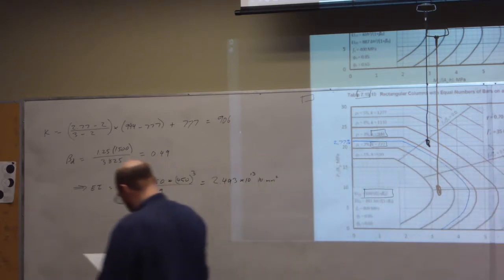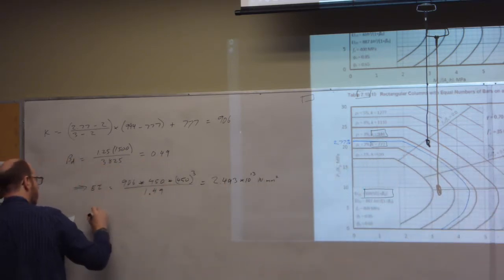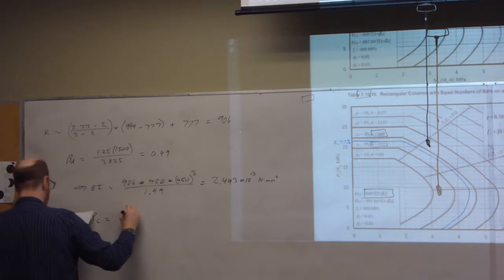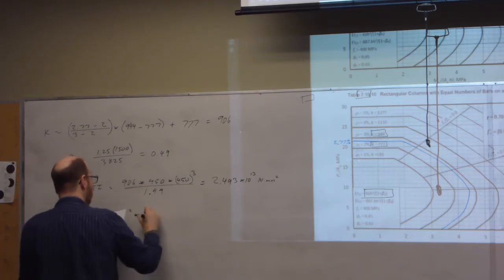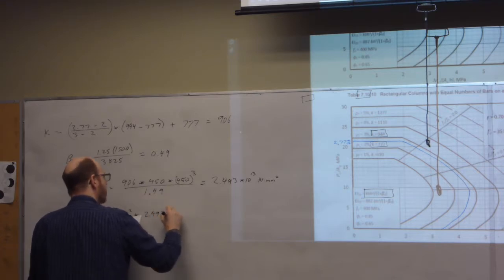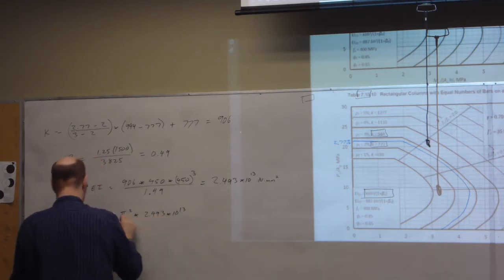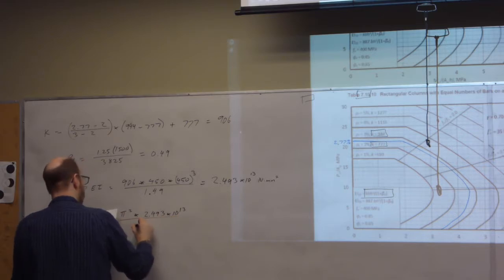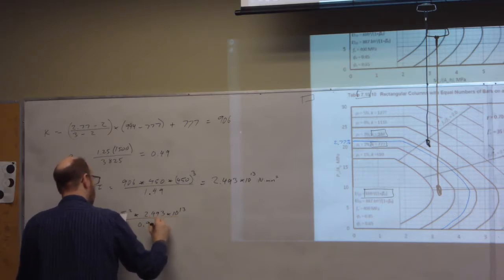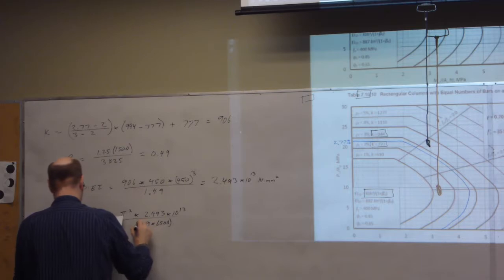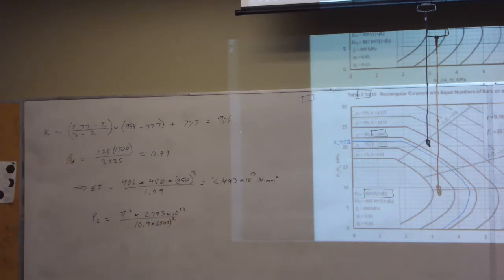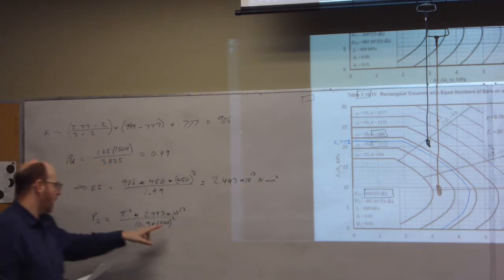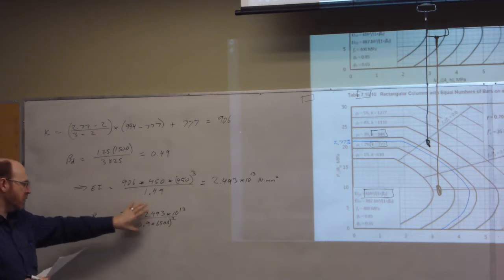Now we'll calculate our Pc, the Euler buckling. So pi squared times EI, 2.493 times 10 to the 13th, divided by kl squared. Right now, what we've got here is a value in terms of newtons and millimeters. So we've got newton millimeters squared here, and millimeters squared at the bottom, so we're getting newtons out of here.